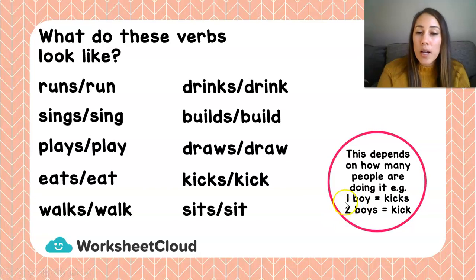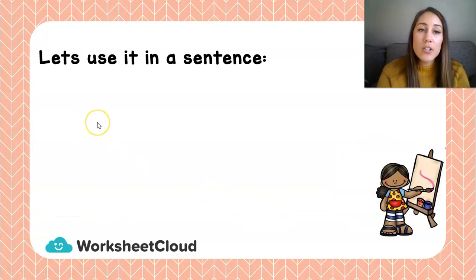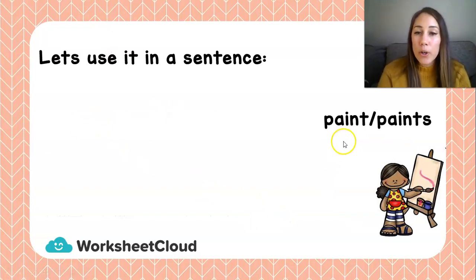Now, this depends on how many people are doing the action, the verb. So if there is one boy, he kicks the ball. It has an S on the end. But if there are two boys, they kick the ball. So you're going to choose which one of these to use depending on how many people or things are doing it. So let's use it in a sentence. Our verb is paint or paints.